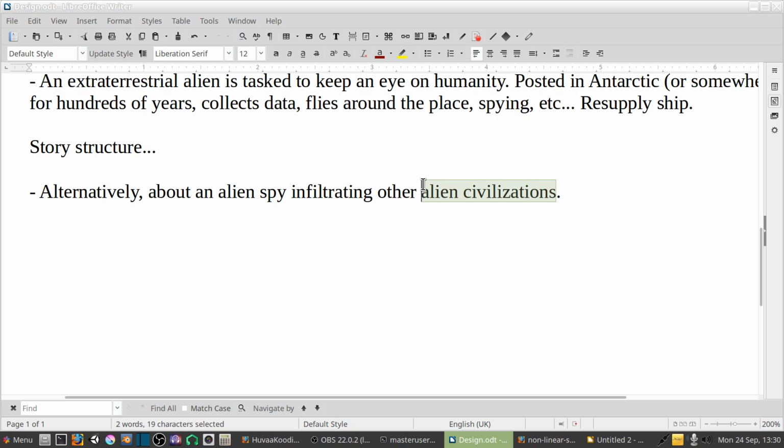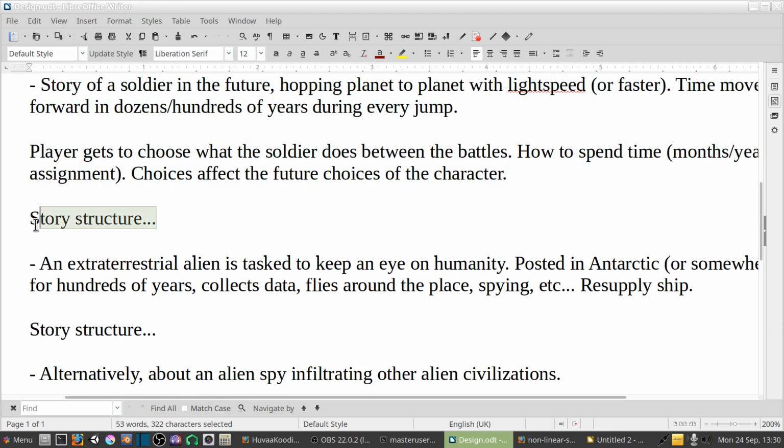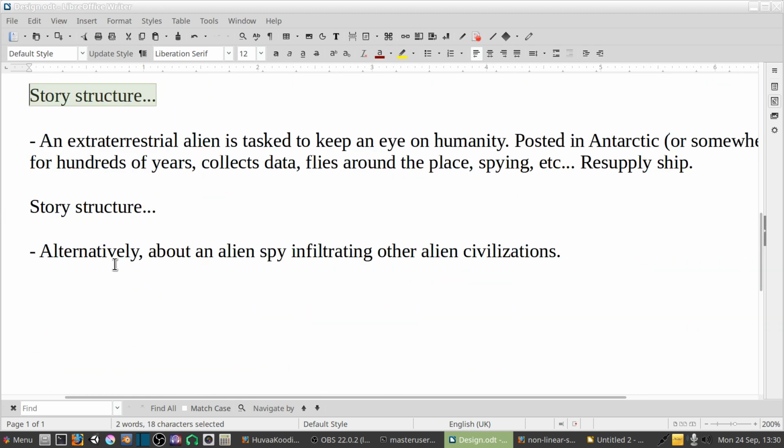So I would like to, in this idea specifically, it doesn't really fit the other ideas that well. It kind of fits this one. Yeah, it's a similar structure. But it would fit this one really well. And then the story would never really end, except if you got killed or captured and killed later or retired.